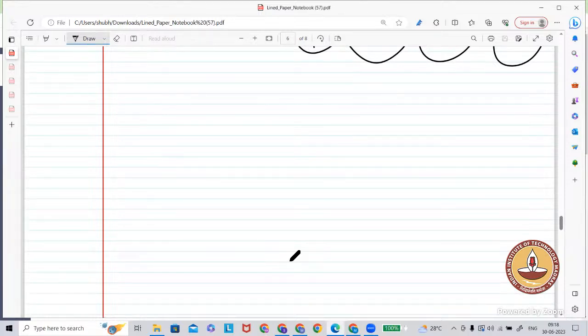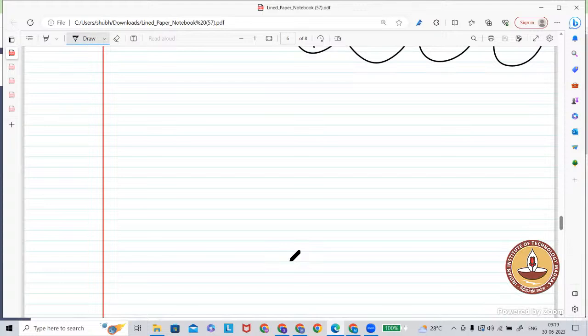From the graph, we can see these two curves, f of x and g of x, are intersecting at some points. If you solve f of x minus g of x equal to 0, then we can get those intersection points. But how to find this h of x?